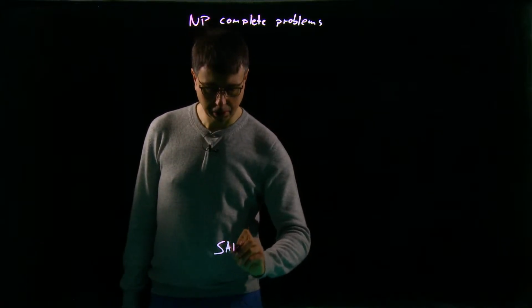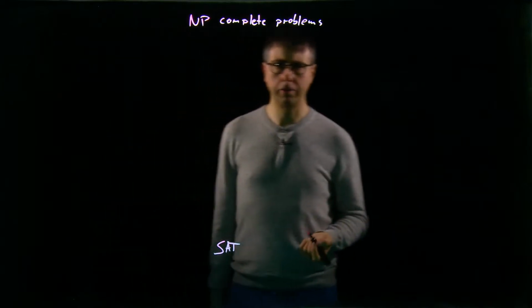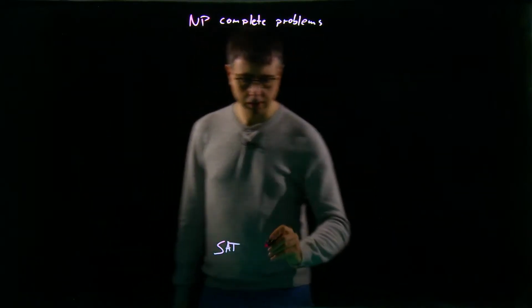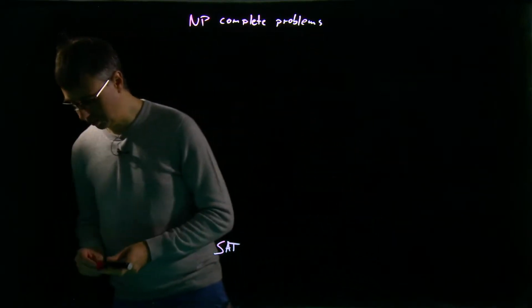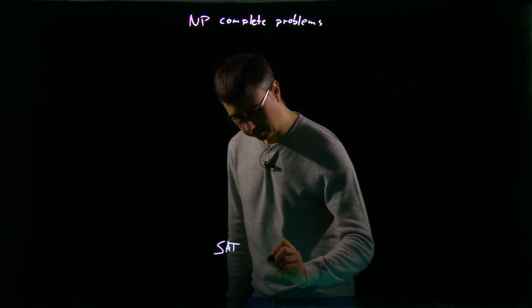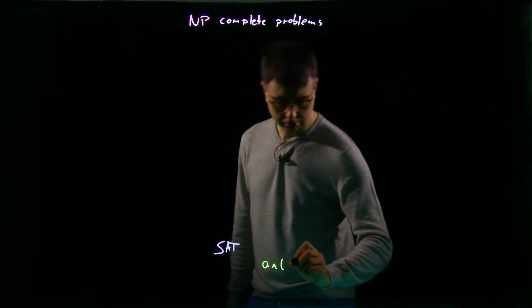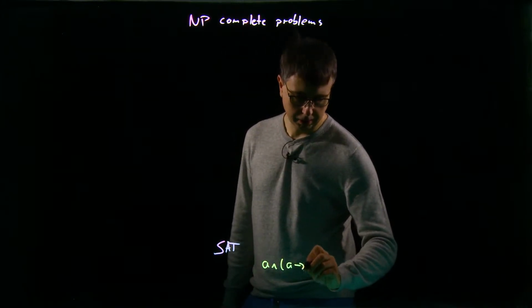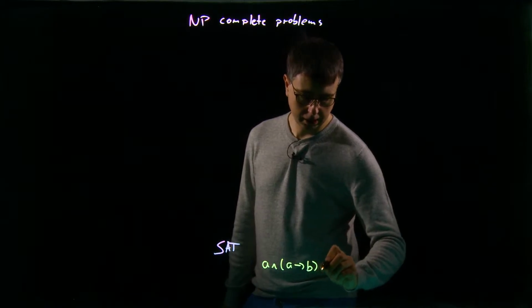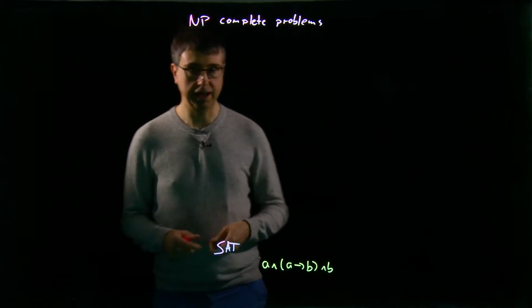The first problem we know to be NP-complete was the satisfiability problem for propositional logic. So here we had a formula like this one here, A and A implies B, and B or something, and we'd like to know whether this formula was satisfiable or not.